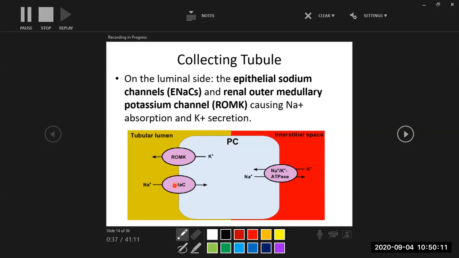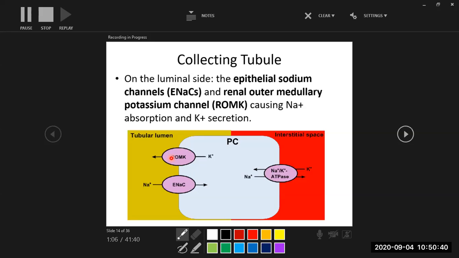So with these two, sodium will be reabsorbed, and here on the basolateral side, we have the sodium potassium ATPase. So sodium coming in will be pumped back into our body. At the same time, potassium is pumped into the cell, and the potassium will leak out through this ROMK.